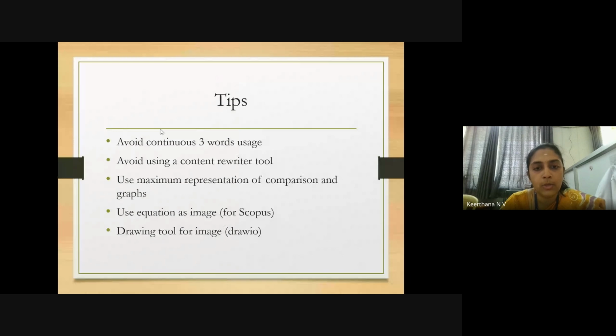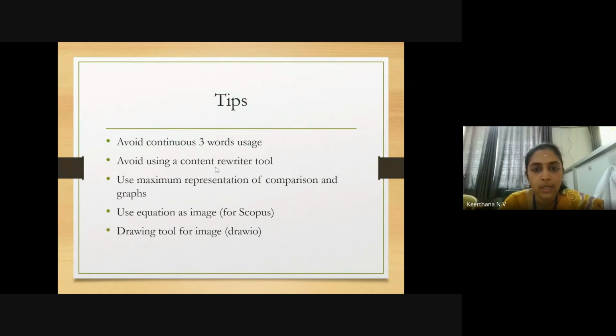Don't use continuous three-word usage, and avoid using a content rewriter tool for writing a research paper. If you are using a content rewriter tool, please modify that content by yourself. Like if the content is given in passive voice, you can modify it into active voice.